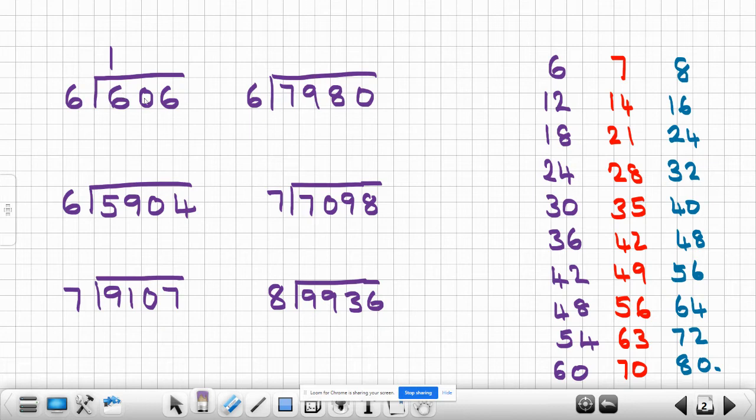And we're saying 6s into 0. There are no 6s we can get out of 0, clearly. But we must remember to put that 0 there. That's really important. Place value. Okay, now moving on, 6s into 6. We've got 1 again.